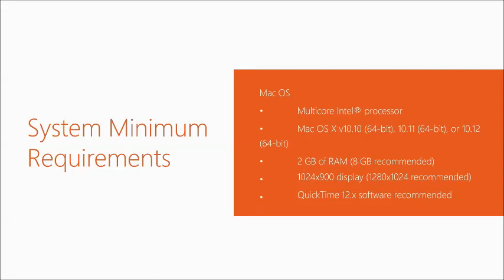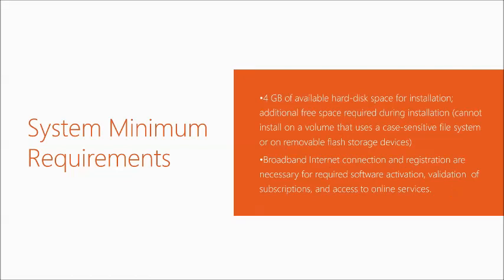There must be at least QuickTime 12.x software. 4 gig of available hard disk space for installation is required. You cannot install on a volume that uses a case-sensitive file system or on removable flash storage devices.